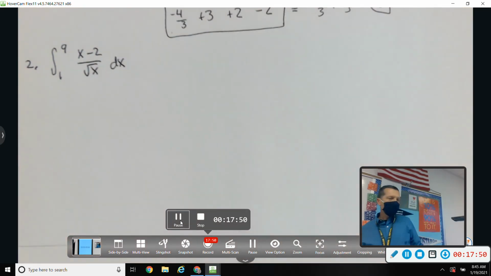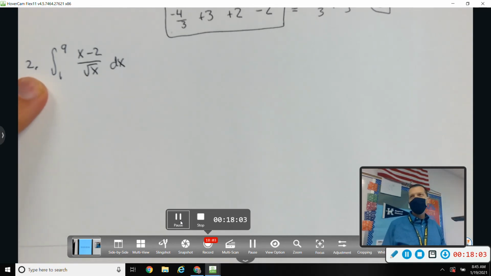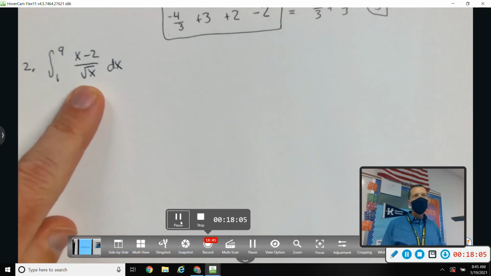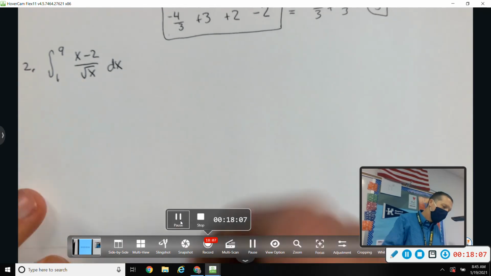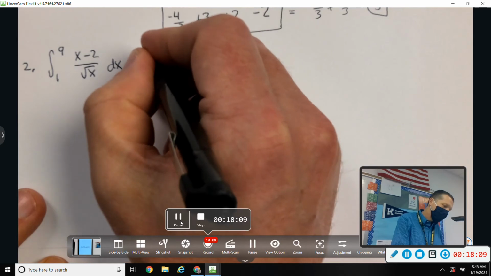Integral from 1 to 9 of x minus 2 over square root of x. Well, another one, this is not a good candidate for geometry because I have no idea what that looks like. So let's do some algebra first.